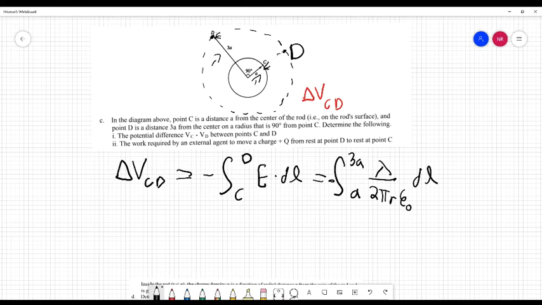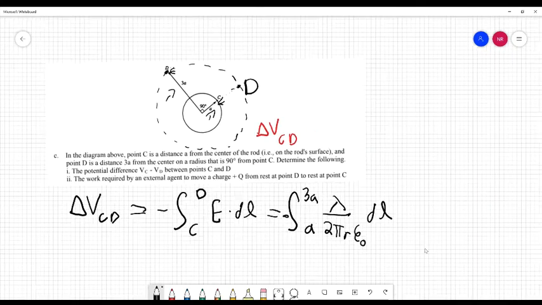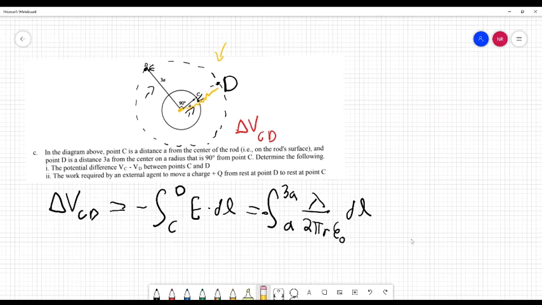What we can do now is change this dl into a dr, because if you look at this diagram again, the radius away from the center of the circle is going to be the same as the length, the dl's that we're going to be integrating through. So we might as well change this dl into a dr so it's easier to work through.